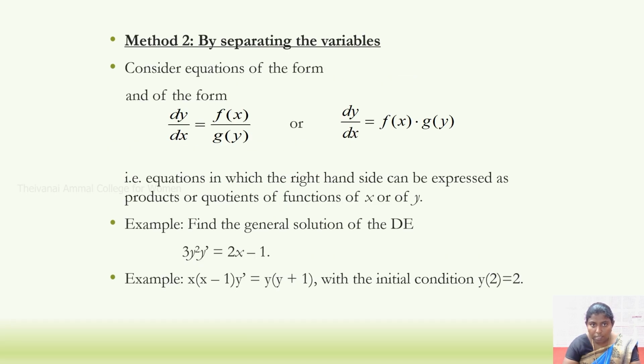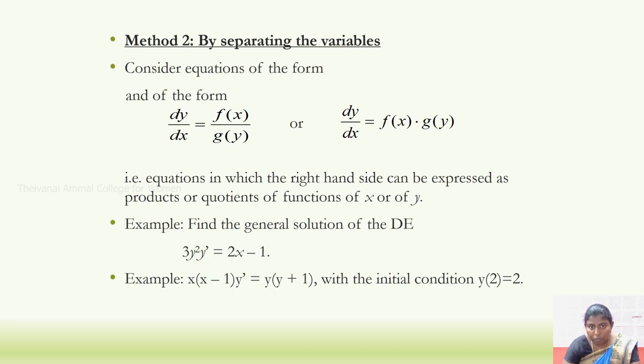Next is method 2, separating the variables. Consider an equation of the form dy by dx is equal to f of x divided by g of y, or dy by dx is equal to f of x into g of y. This is also called the variable separable method. It applies to equations in which the right hand side can be expressed as a product or quotient of functions of x or of y.